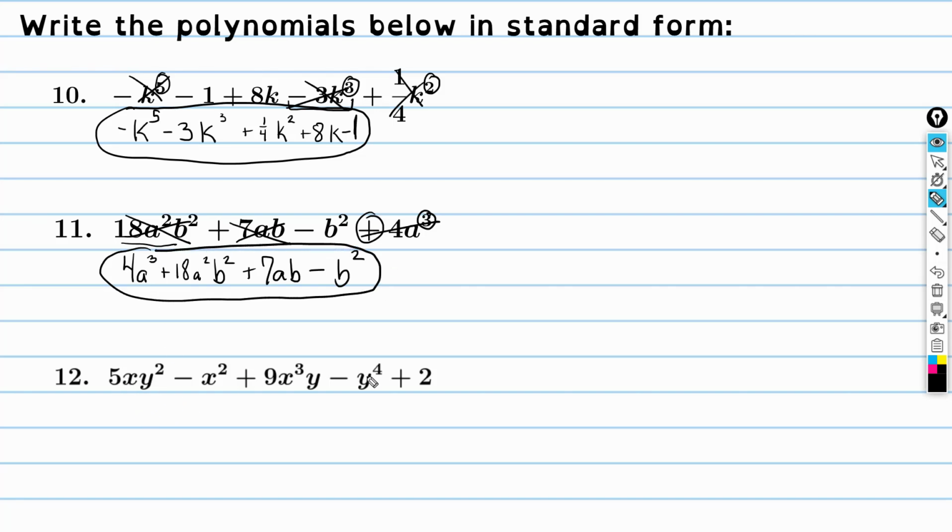So again, my highest power on x is x cubed. So 9x cubed y. Now that's gone. A minus 2, or minus x squared. That's gone. Then I go down to here to the 1.